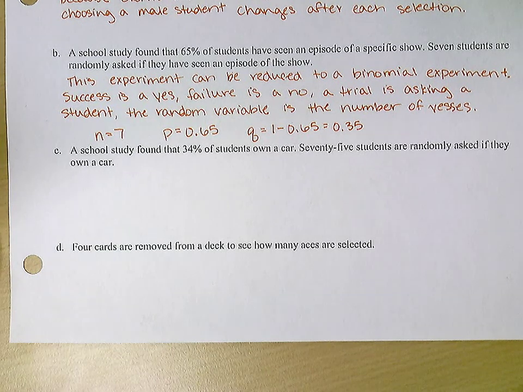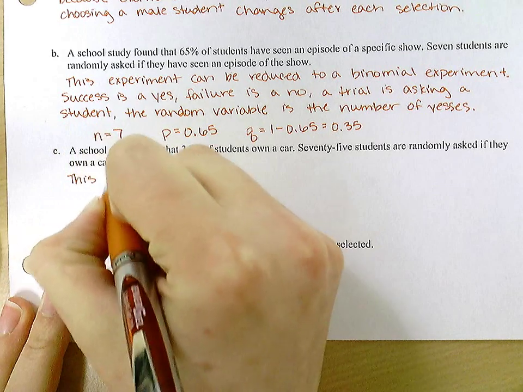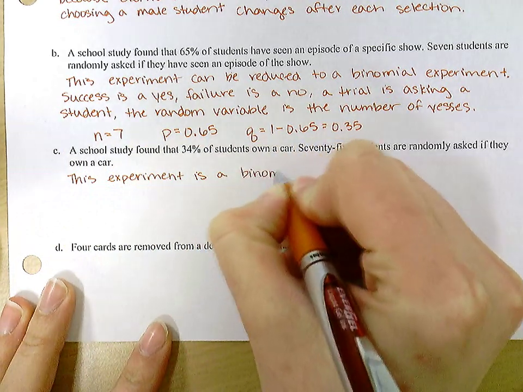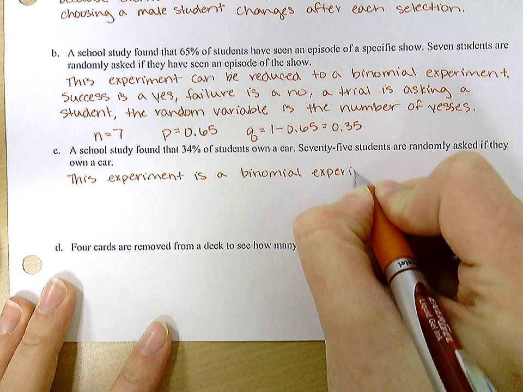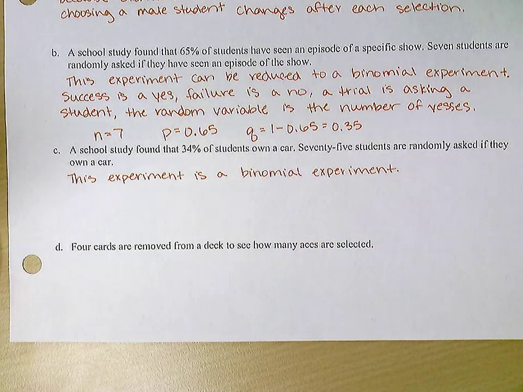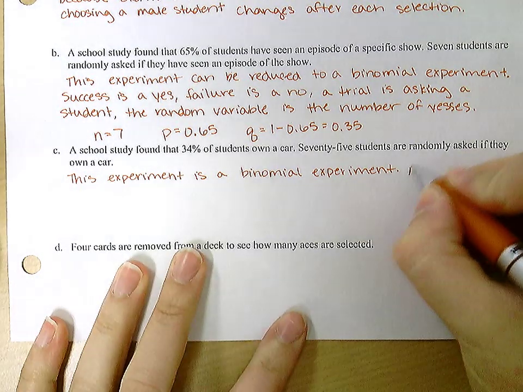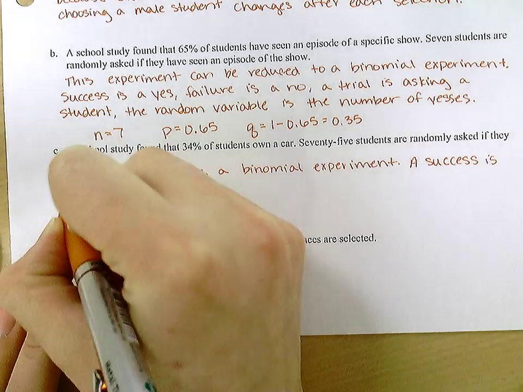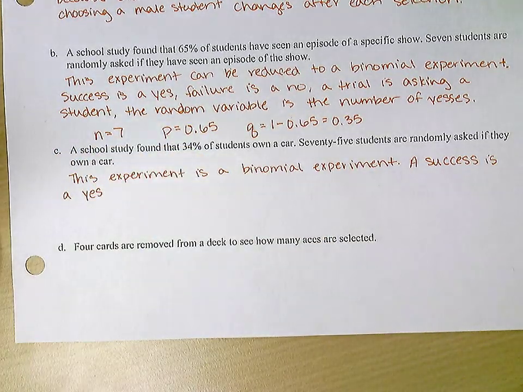All right. We're going to go over these two. So, letter C. Letter C is a binomial experiment. So the experiment is binomial. A success is a yes, so if they answer yes to the question you're asking, like if they own a car.